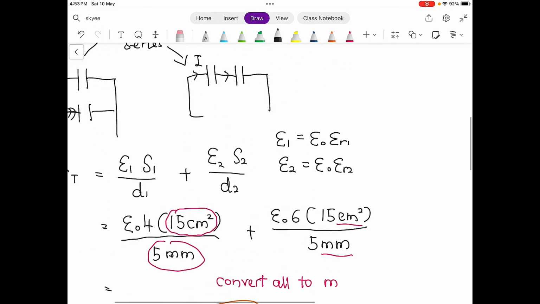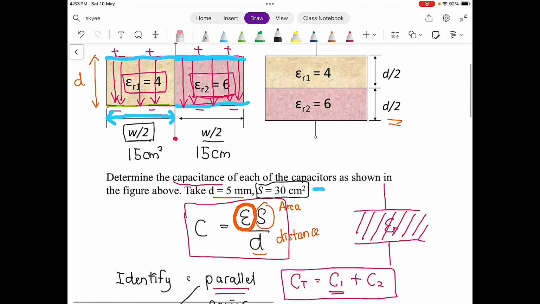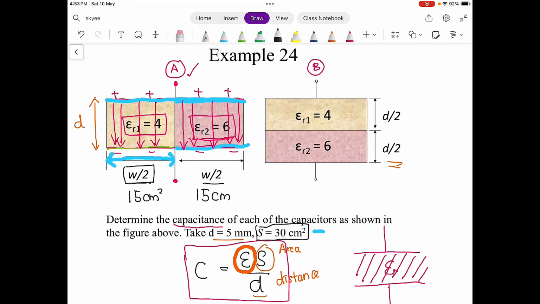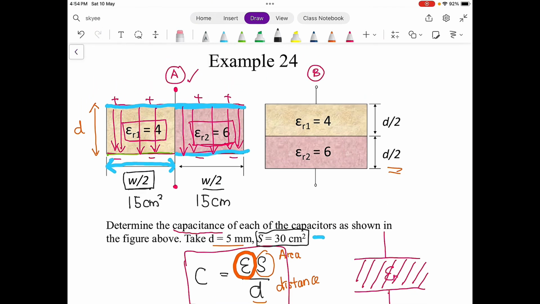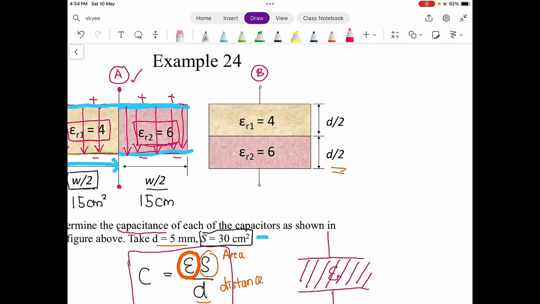For these capacitors, this one is a parallel configuration. Now we look at capacitor B. This capacitor B has two terminals as well. One will be the positive terminal and one will be the negative terminal. So the electric field will penetrate two materials.